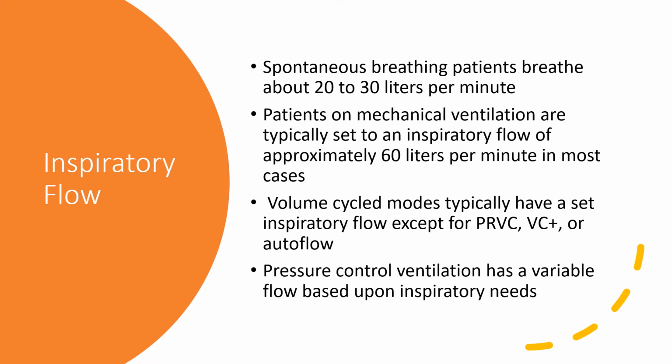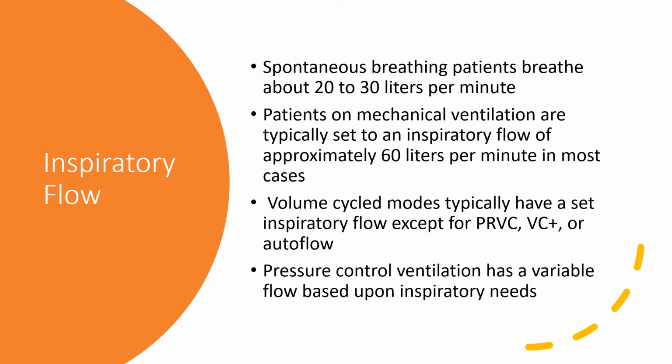So spontaneously breathing patients, even patients who are not intubated, breathe at a flow of about 20 to 30 liters. When you put a patient on mechanical ventilation in volume cycled modes, we typically set the flow to about 60 liters per minute. And why is that the case?